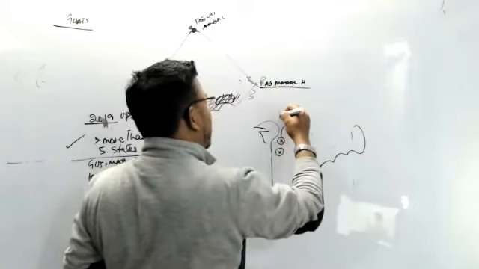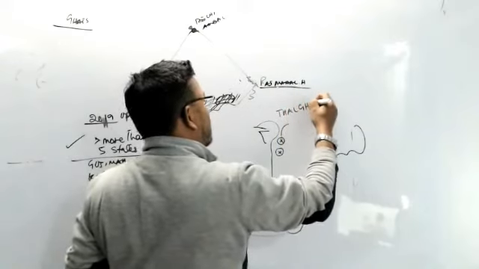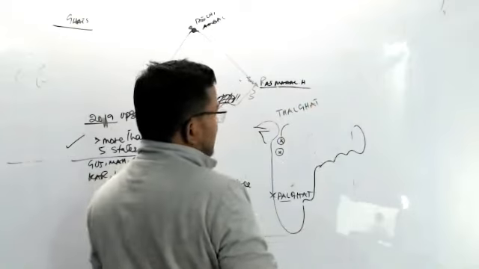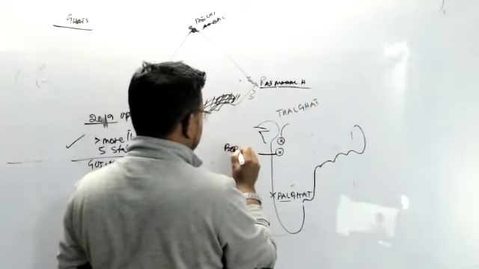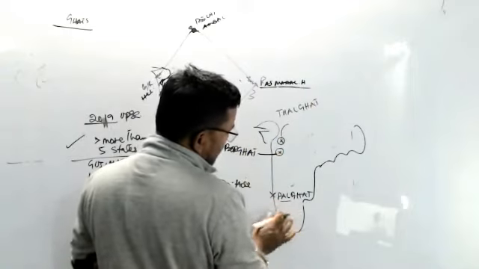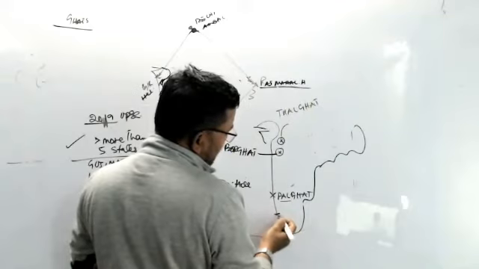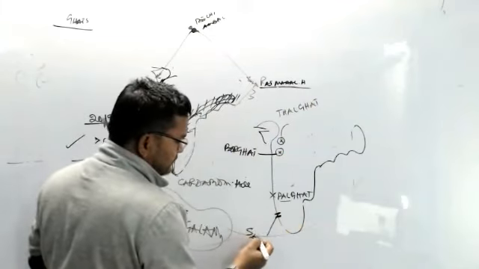The first one is Thal Ghat. The second one is Bor Ghat. And the third one is Pal Ghat. And you may also study one more gap, called the Senkota gap.